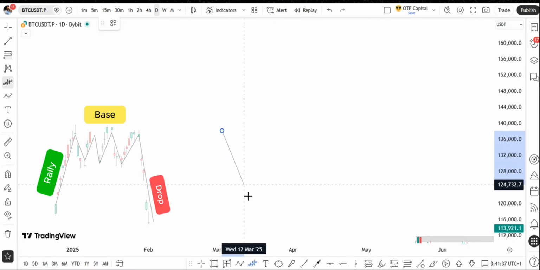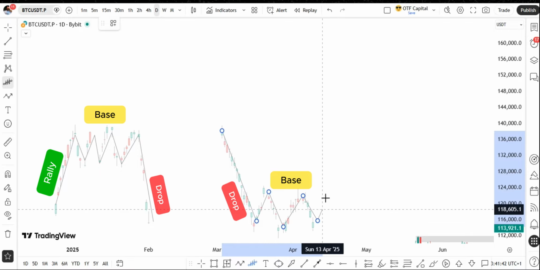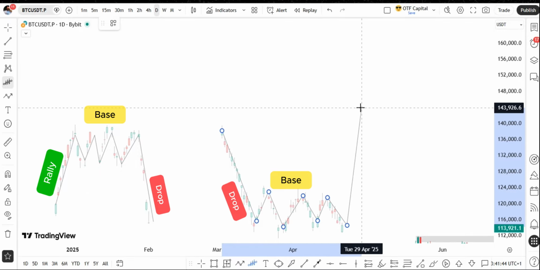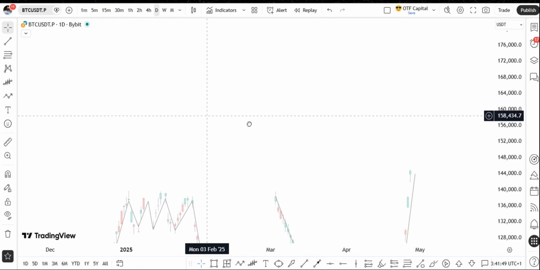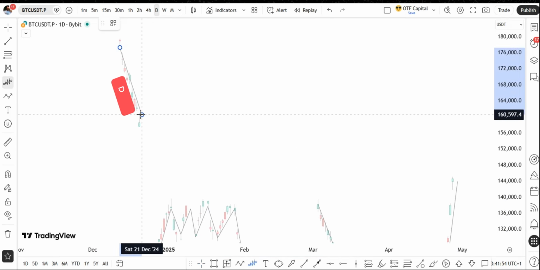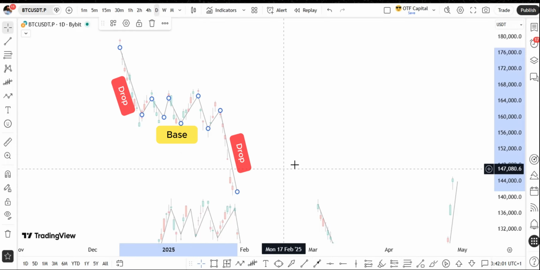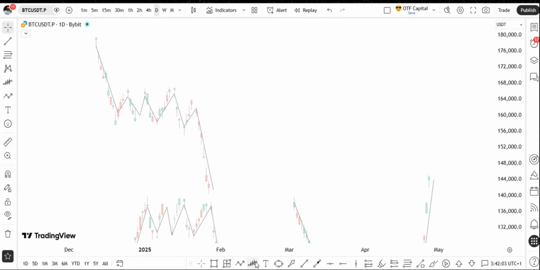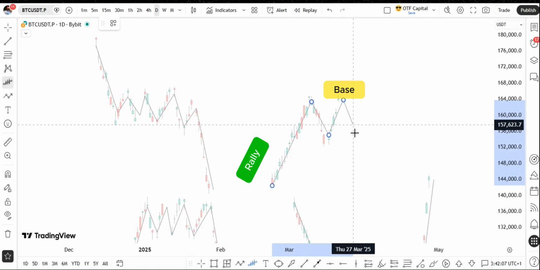In another scenario, you can see a drop base rally. There are different types. We also have drop base drop, and we also have rally base rally.